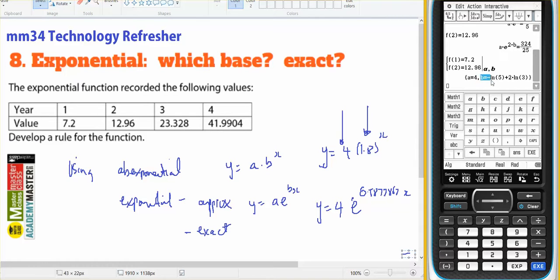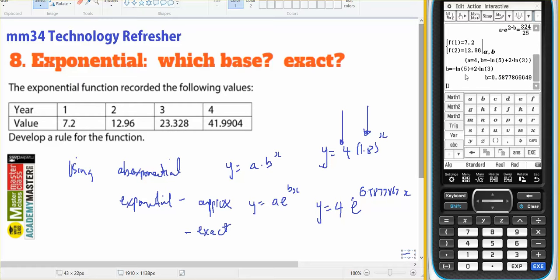And if I take this b answer, I bet you this b answer gives me 0.5877. I'll turn it into decimal: 0.587786.